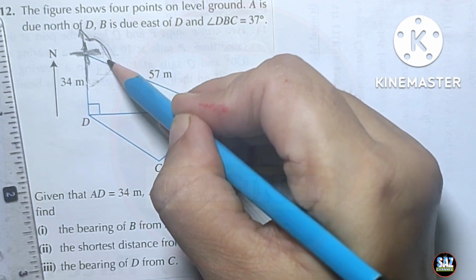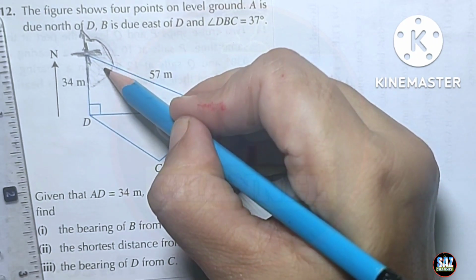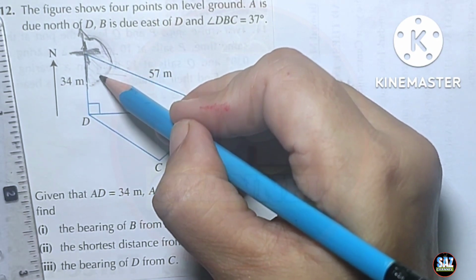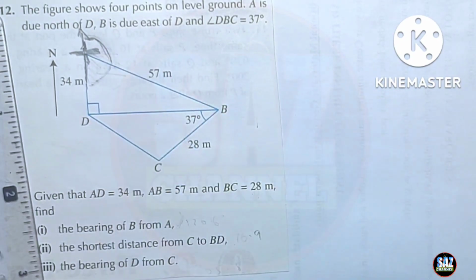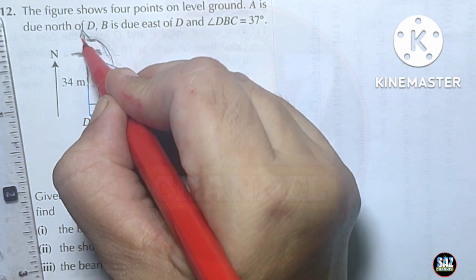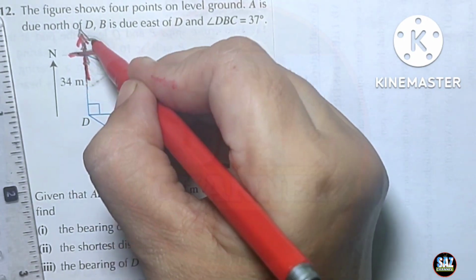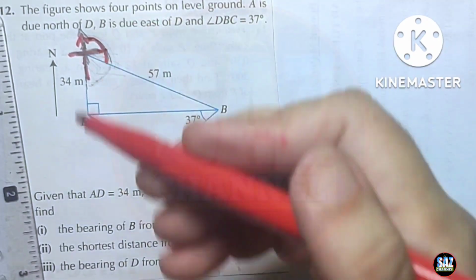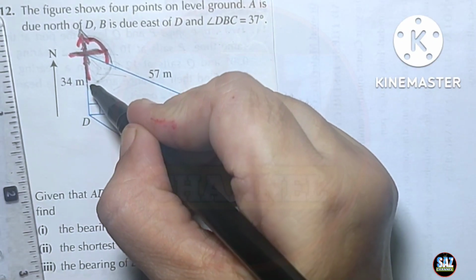So for that purpose, first of all, I have to find this angle, and then as the shape is making a semicircle, I have to take away this angle from 180 degrees to get the bearing of B from A. I hope, students, you are clear how to calculate the first part. This is north and this is the requirement of the question. I have to stop at this place, but we do not know about this angle.